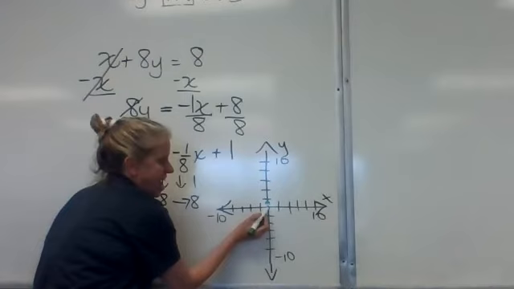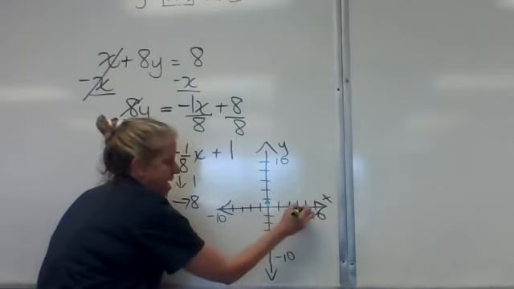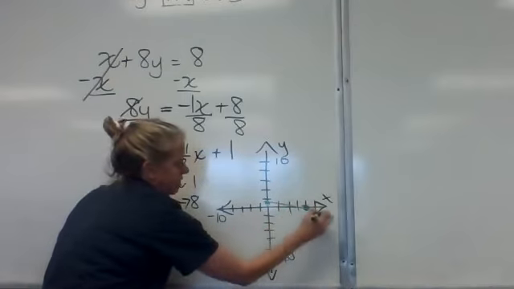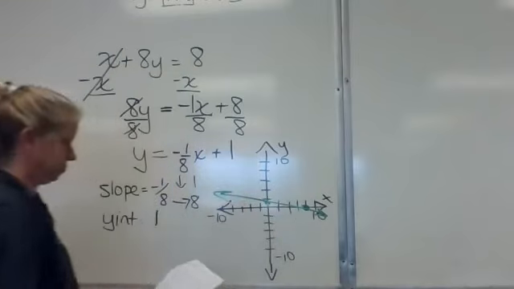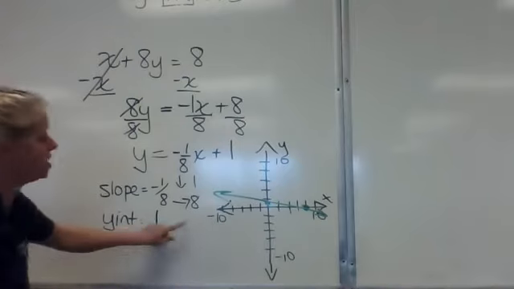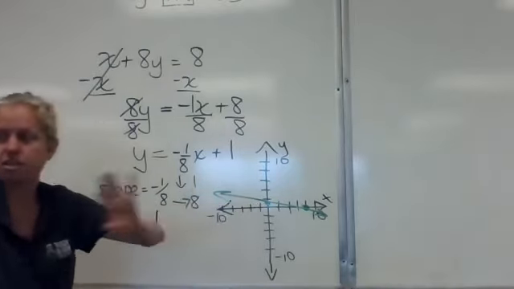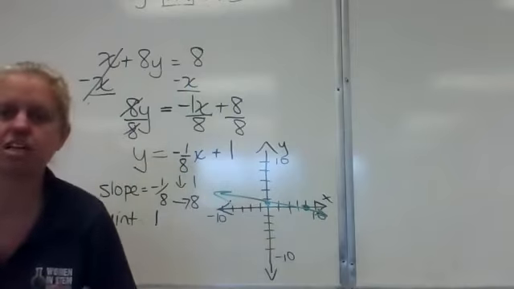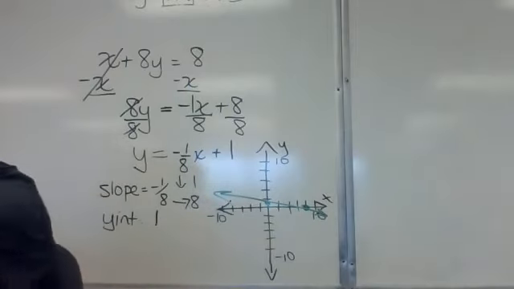And then run 8, 2, 4, 6, 8. And then connect them. Which does match that C graph. But again, I would always plot the y-intercept first. Take out any graphs that don't cross the y-axis at that spot.